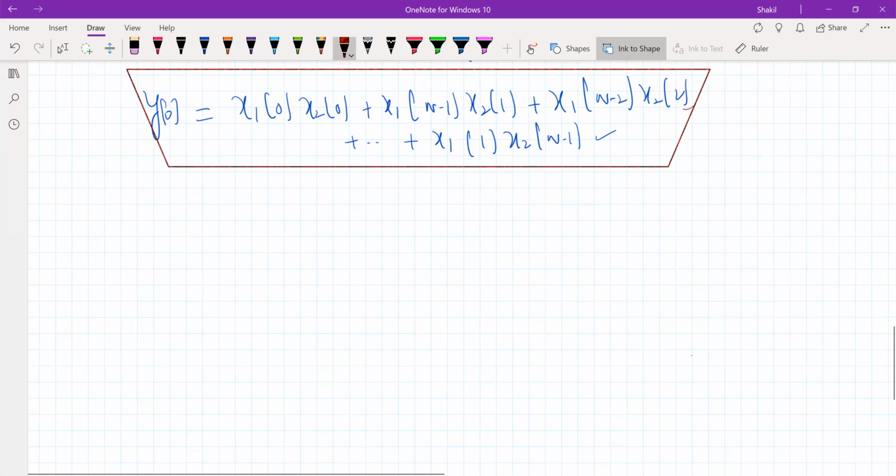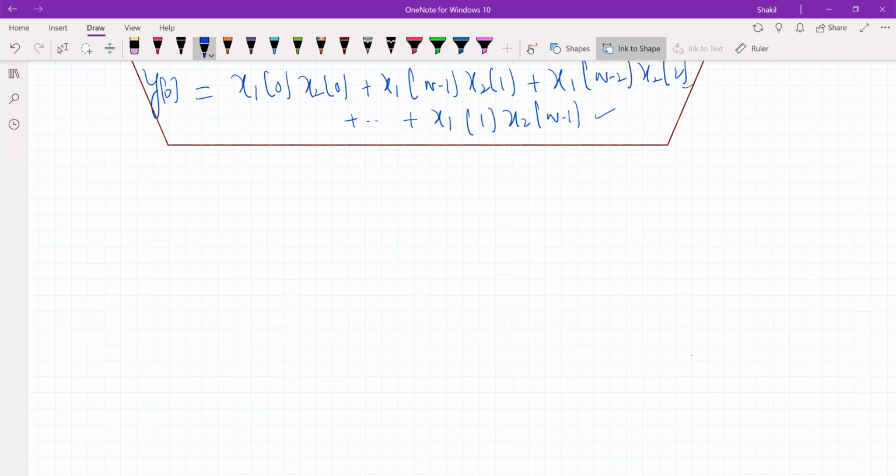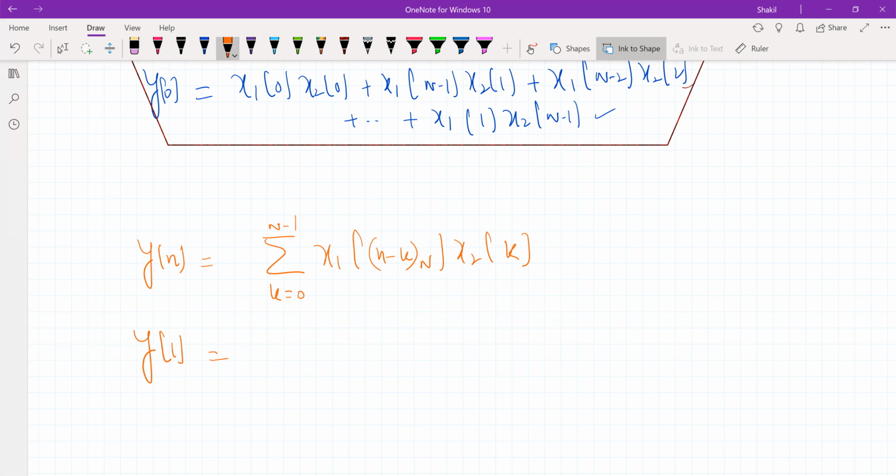Now let me do y of 1 for you. So we know y of n is summation. This is a circular convolution formula again. I'm repeating that. It's x1 of (n minus k) modulo n, x2 of k. So how do I obtain y of 1? Put n equal to 1.